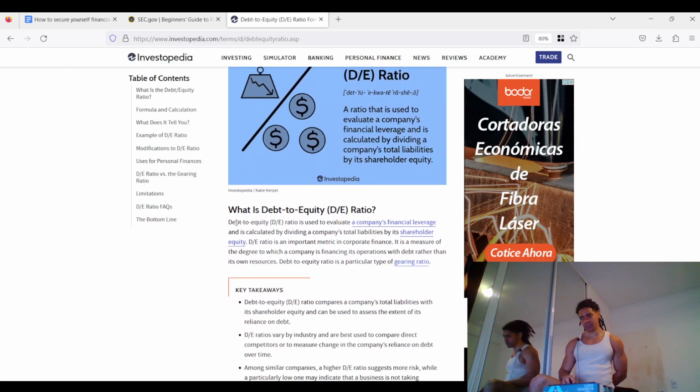If I keep reading, the debt to equity ratio is used to evaluate a company's financial leverage, and is calculated by dividing a company's total liability by its shareholders' equity. So the D/E ratio is an important metric in corporate finance. It is a measure of the degree to which a company is financing its operations with debt rather than its own resources. Very, very crucial.